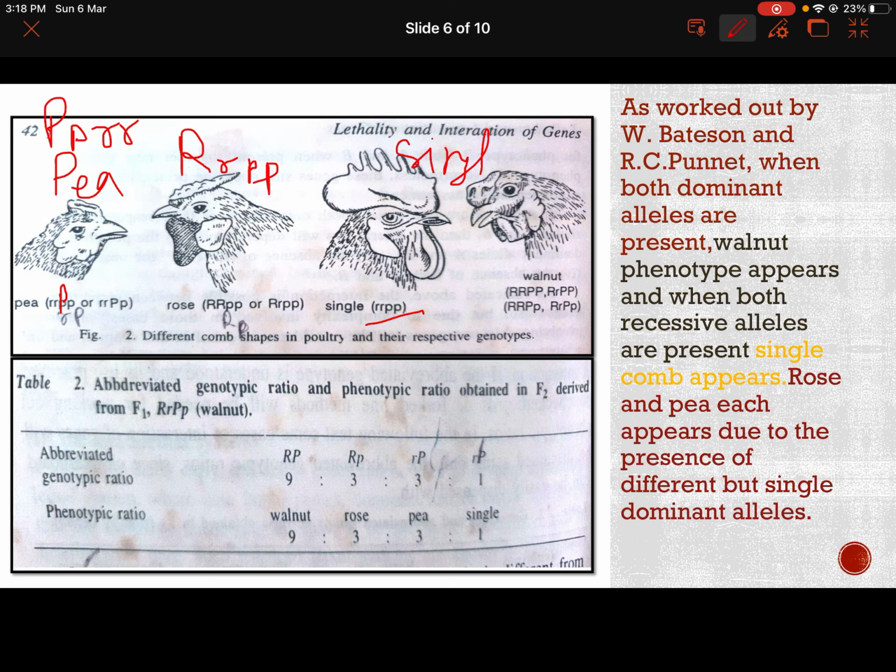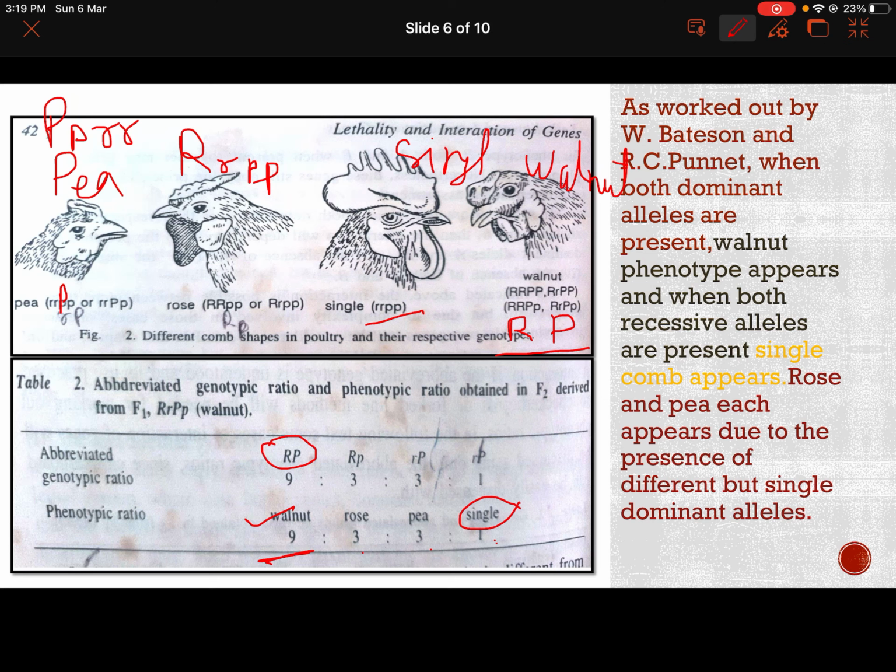And here walnut: when at least one R and one P are present together, then it is the walnut phenotype. It is written here, when both R and P dominant are present, it will give the walnut phenotype, and this will be 9:3:3:1. Single, or recessive, will be 1.